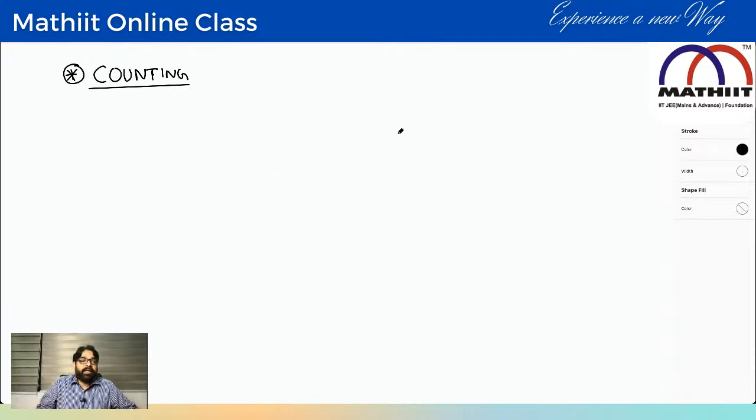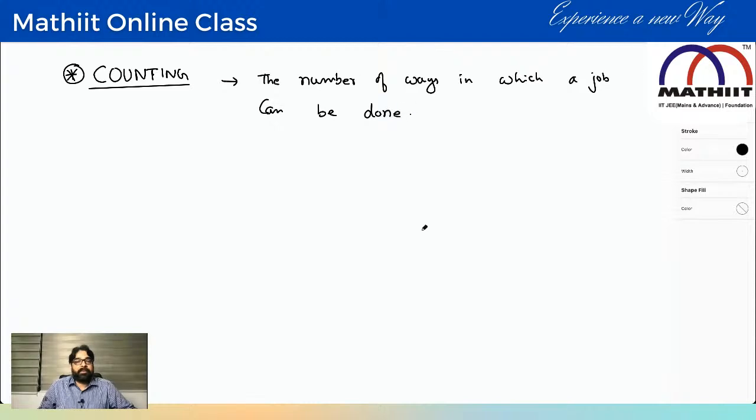So basically, here we have to study counting the number of ways in which a job can be done. This is what the complete permutation combination is. You have to identify what actually the job is and in how many ways that job can be done.